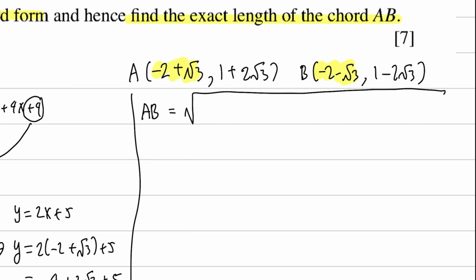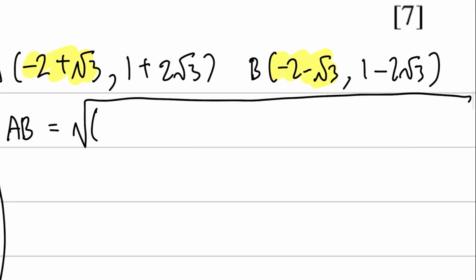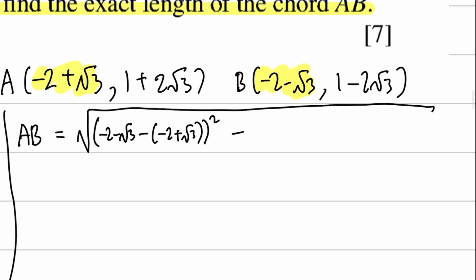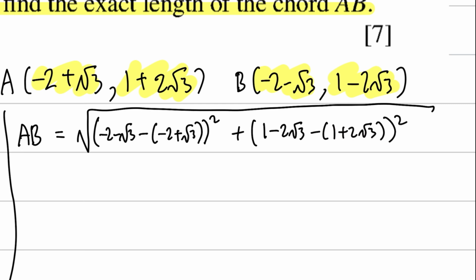We will get (-2 minus square root of 3 minus (-2 plus square root of 3)) squared. And after that, we have plus (y2 minus y1), so we will get (1 minus 2 square root of 3 minus (1 plus 2 square root of 3)) squared.